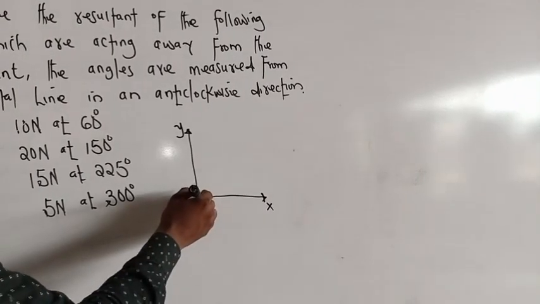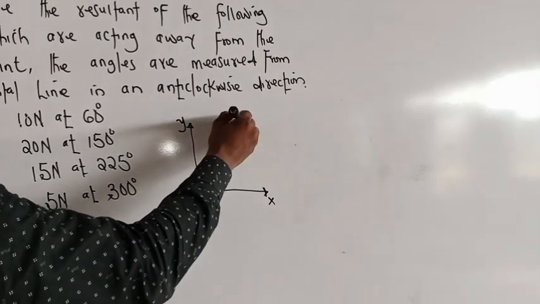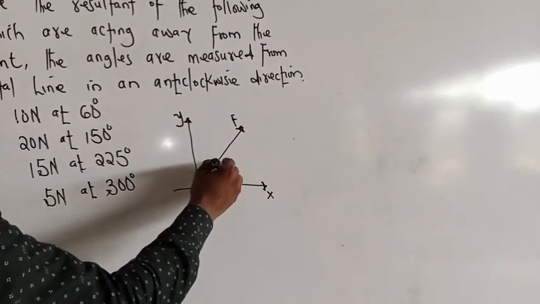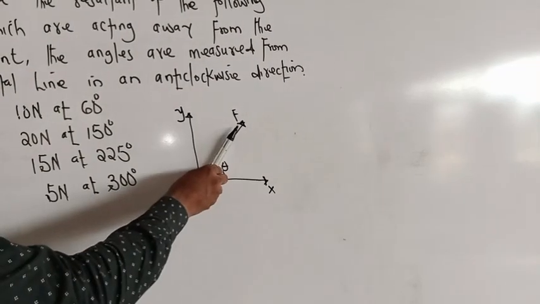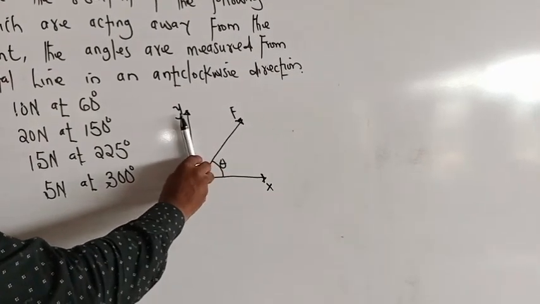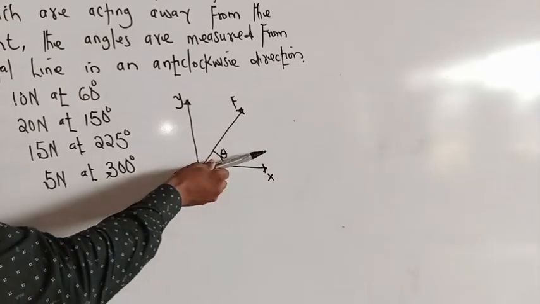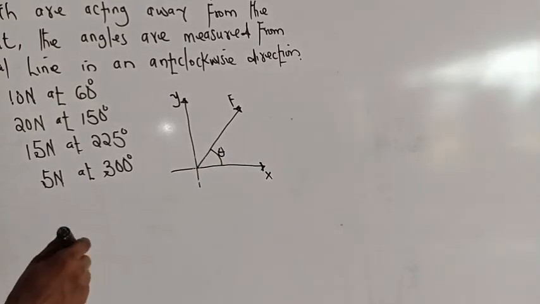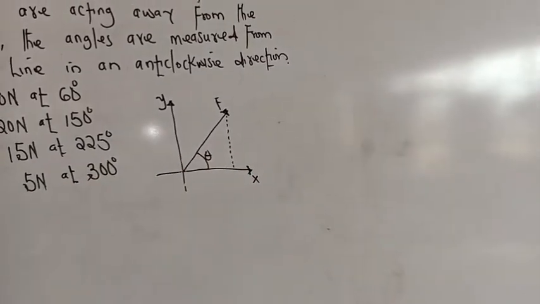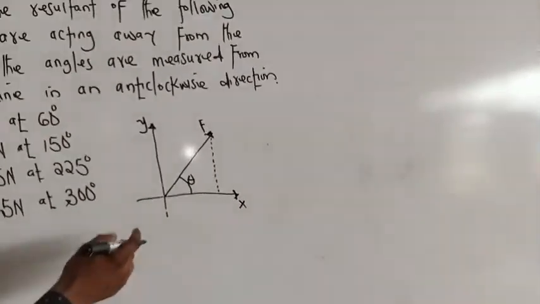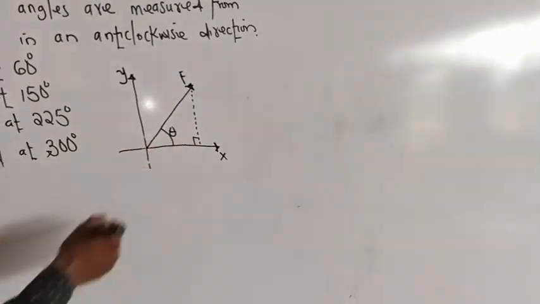If we have an inclined force, F, inclined at an angle theta to the horizontal, how do we resolve this? By pushing this force to the vertical axis, and also taking the force to the horizontal axis. To do so, let's create an imaginary line at this point. So what we have now is a right-angled triangle.